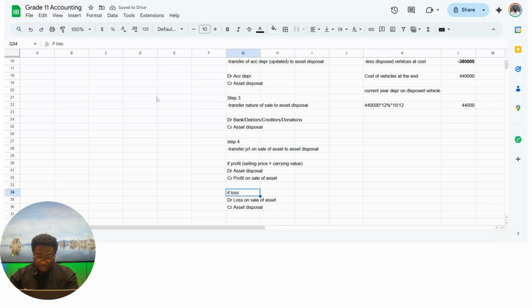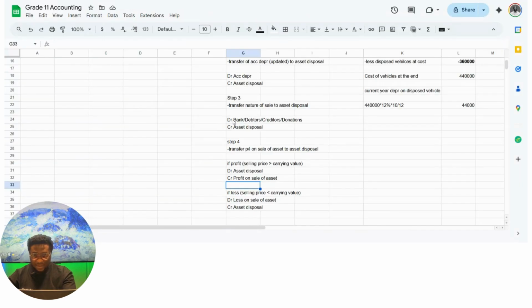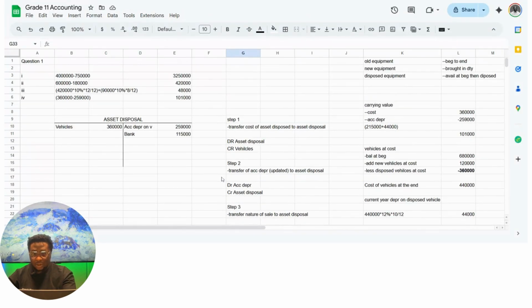A loss is the reverse, so if it is a loss, then your selling price would have to be less than the carrying value. In this case, we actually worked out the carrying value in the first question, number 4. The carrying value was 101,000. And what was the selling price? The selling price is 115,000.